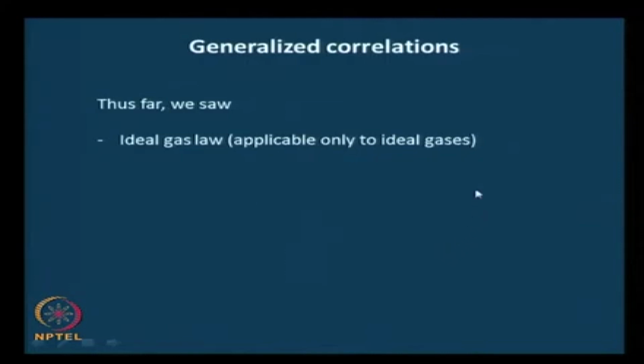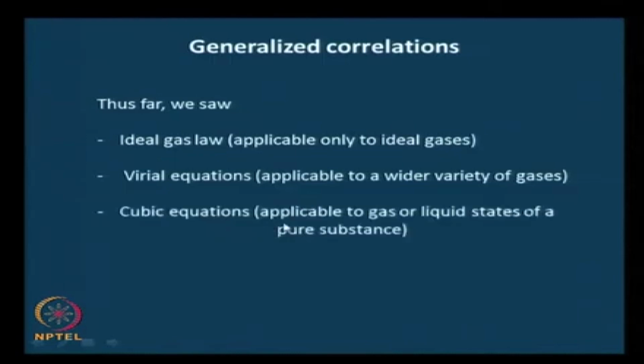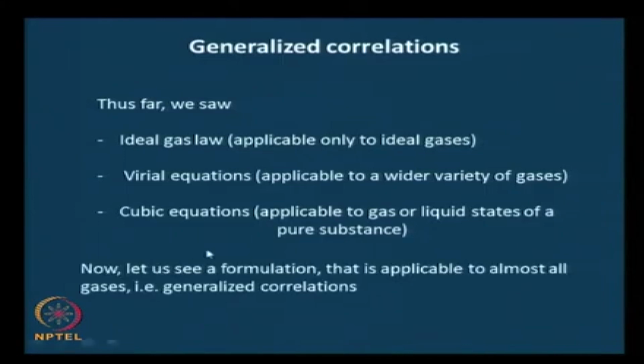Okay. Then we said that we had seen the ideal gas law, the equation of state applicable only to ideal gases, the virial equations that were applicable to a wider variety of gases, and cubic equations that are applicable either to a gas or the liquid states of the pure substance. And then we said that we are going to come up with a formulation that is applicable to almost all gases.